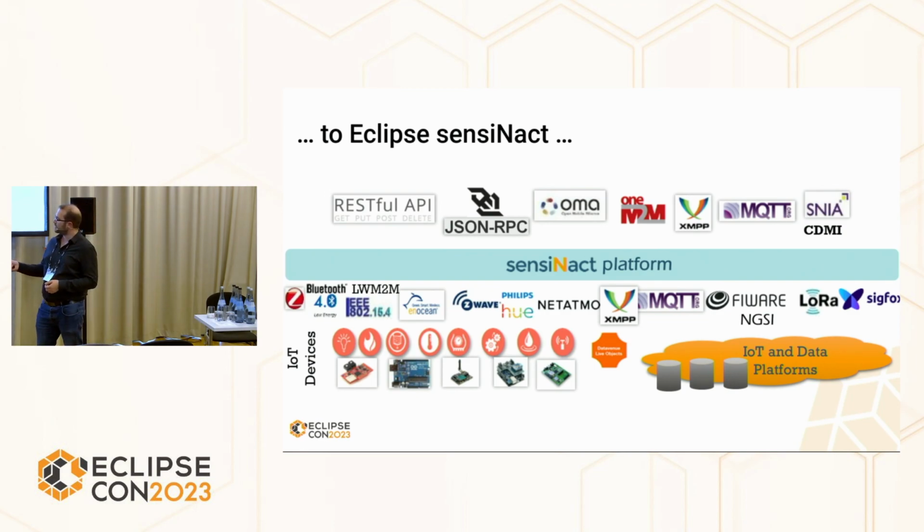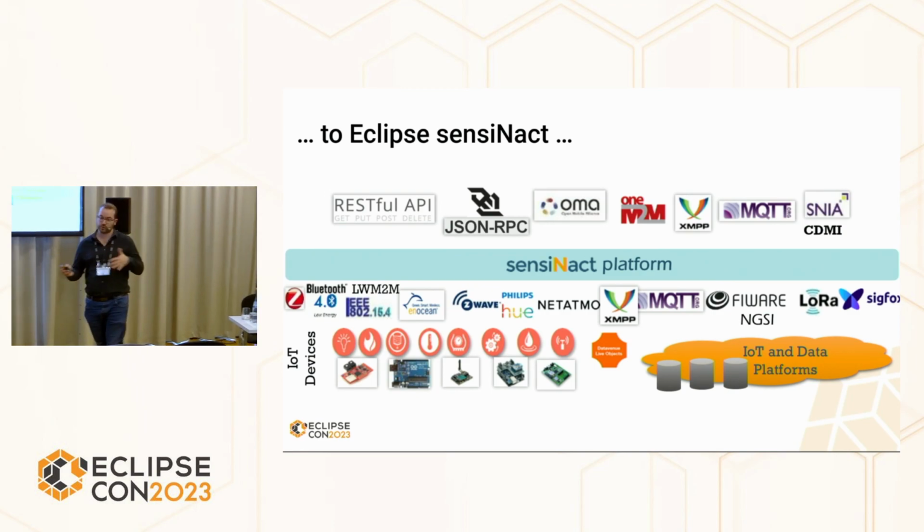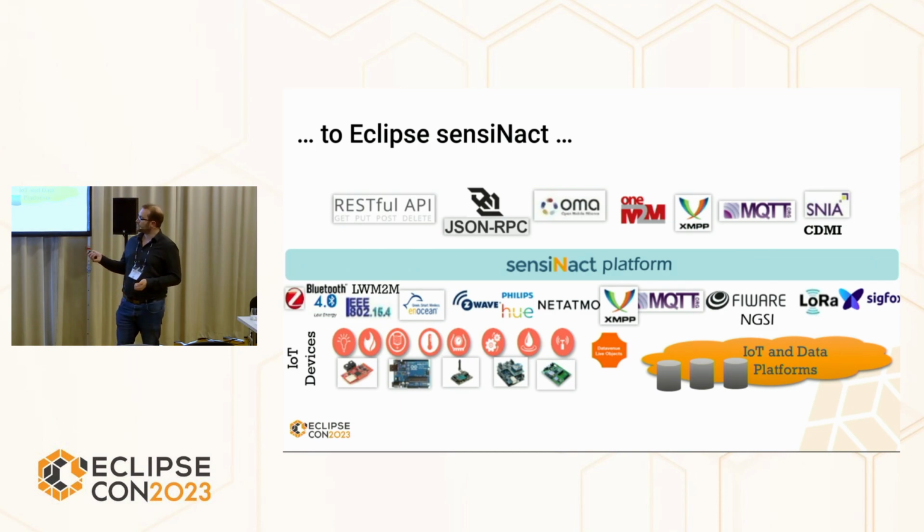SensiNact, in fact, supports and will support a lot of what we call southbound providers, which means a way to access data from sensors in various protocols. It abstracts internally what data is, and it provides it to the outside world with various protocols also.